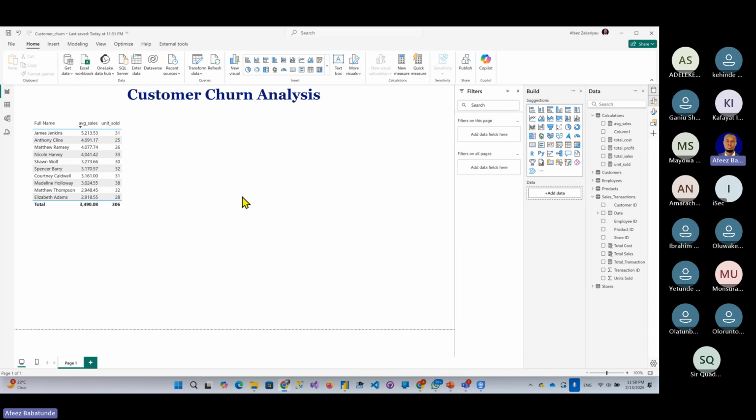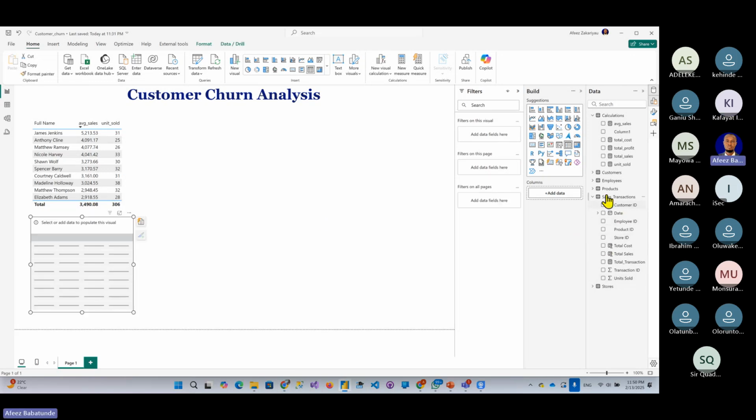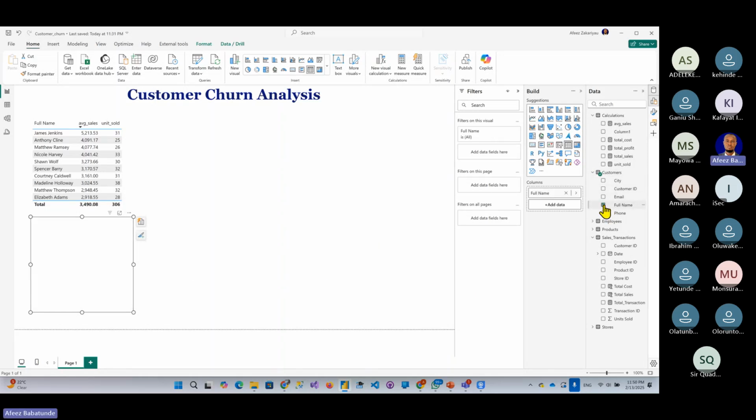Yes, yes. So let's say we have a customer table like this, with all our customers' full names. We want to know how frequently they are coming to our store to buy stuff. Someone can come today and buy 20 units of our product. That means we can't count it as the number of times he or she visited our store.